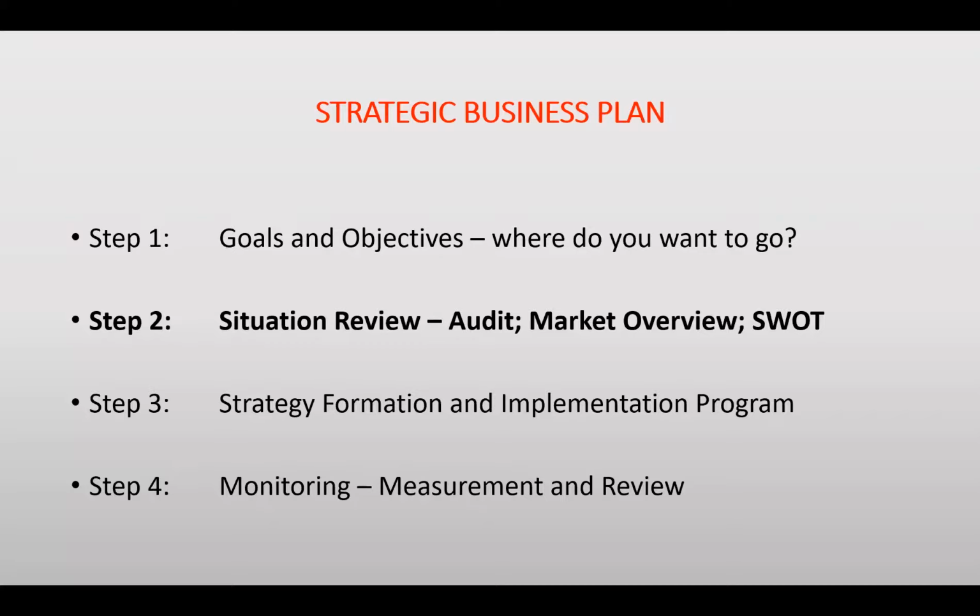And this is what I'm going to concentrate on because this is really the most important part of the whole situation, to look at what you're doing and figure out how you can do it better. And then we'll briefly touch on strategy and implementation, and also the importance of measurement and review.